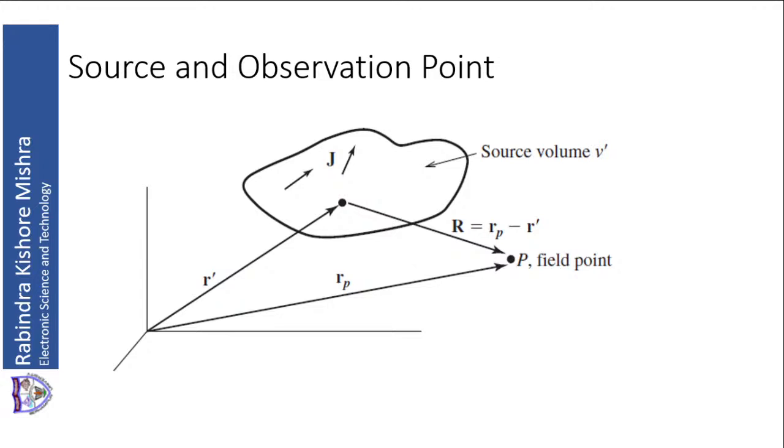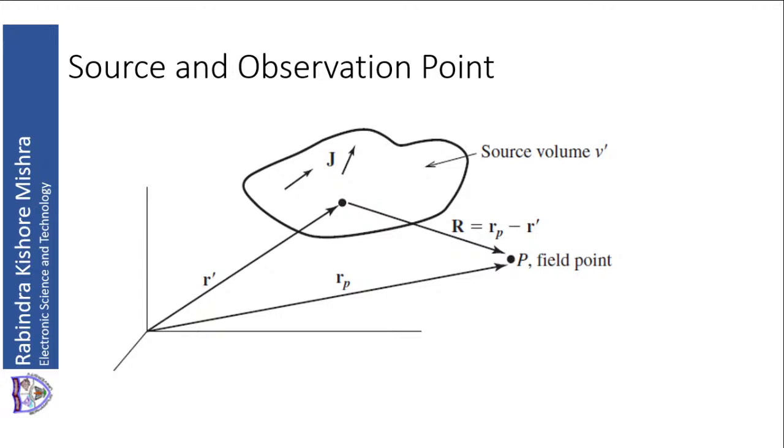Therefore, we will probe for the field at a distant point, at a far field point, and that is called the field point or the observation point, since we are considering the effect of the current source, and the effect is the field. Therefore, the observation point is also called the field point.